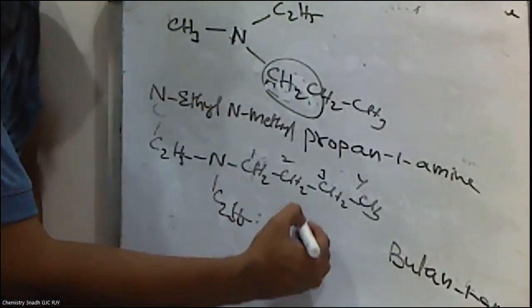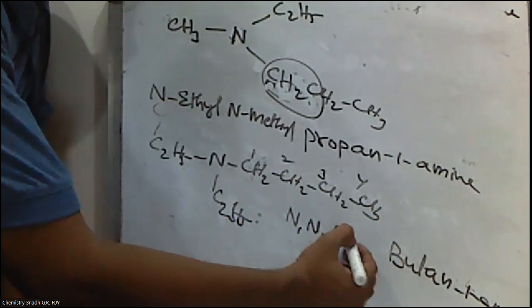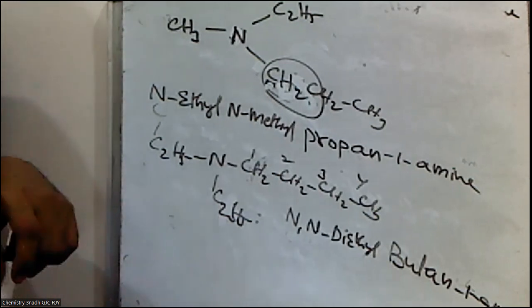And here there are two ethyl groups. That's why N,N-diethyl butane-1-amine. So this is the naming of the primary amines, secondary amines, and tertiary amines.